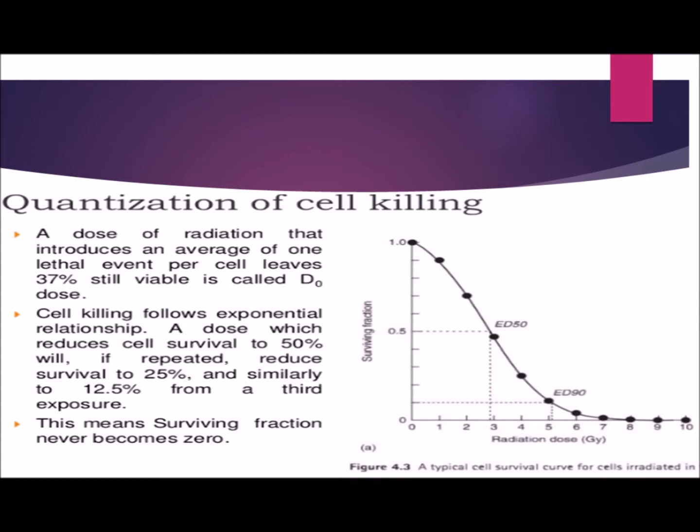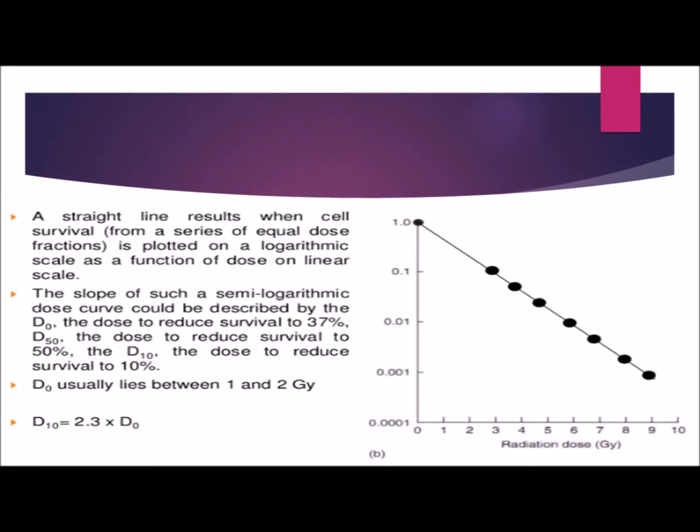So this picture on the right side is a typical cell survival curve for irradiated cells. A straight line results when cell survival from a series of equal dose fractions is plotted on a logarithmic scale as a function of dose on a linear scale.